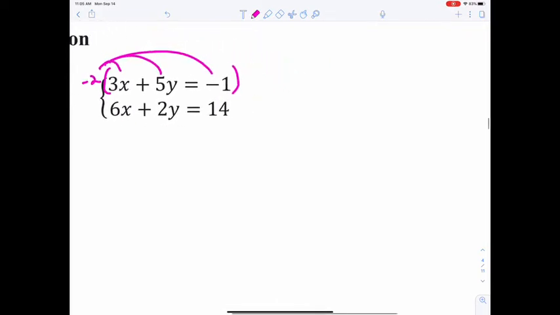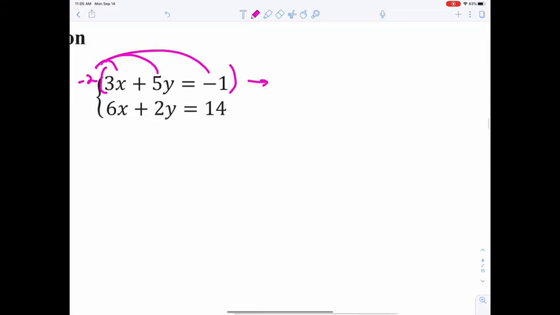Let's see what happens. Multiply everything by -2, we get -6x minus 10y equals +2.